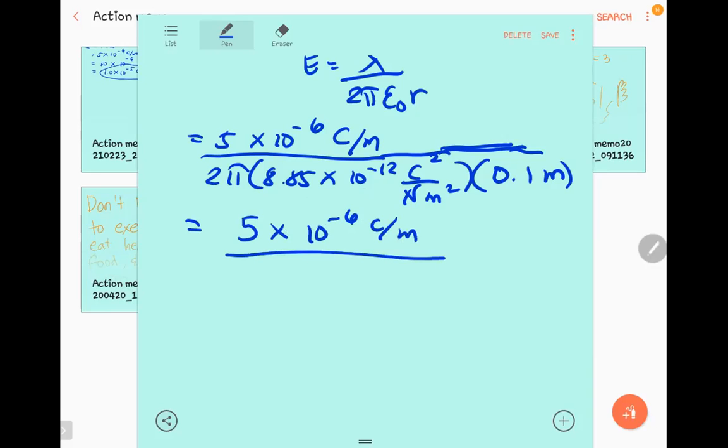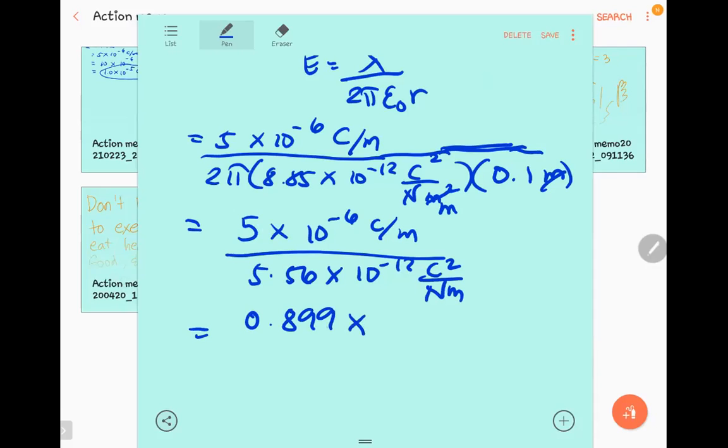Over the answer in the lower part is 5.56 by 10 raised to negative 12 coulomb squared over N m. It's because m and m here are already cancelled, so only one m is left. And then solve for the scientific notation. What is 5 divided by 5.56? We have 0.899. Okay? Multiplied by 10, that is negative 6 minus negative 12, that is positive 6. Okay?